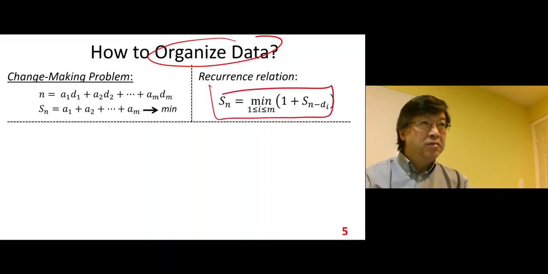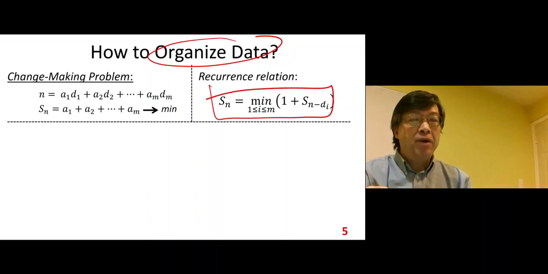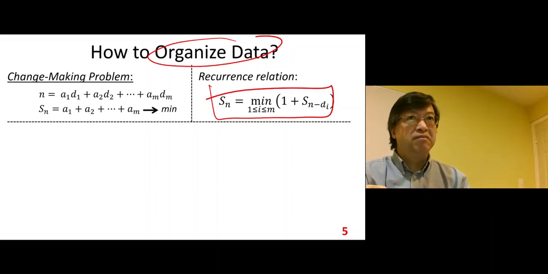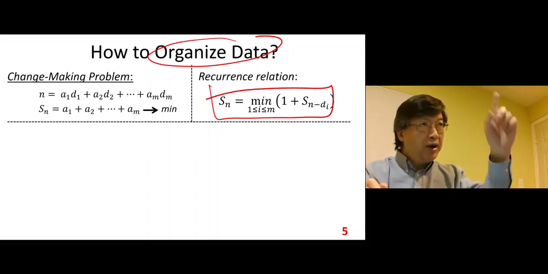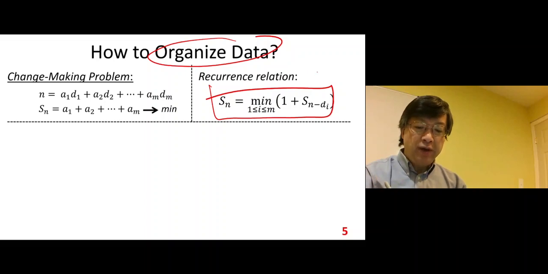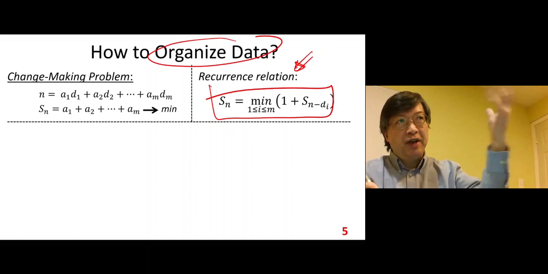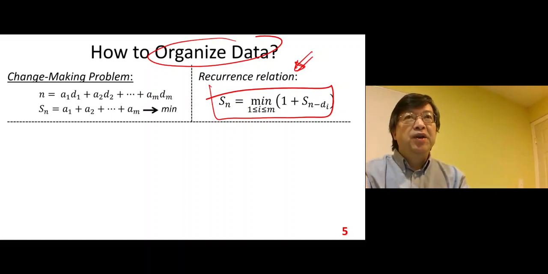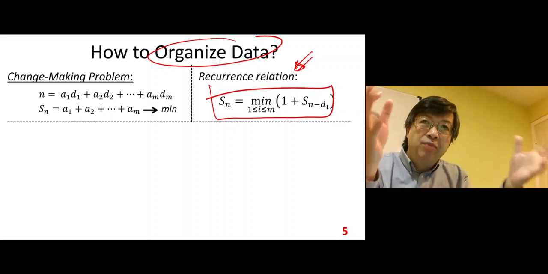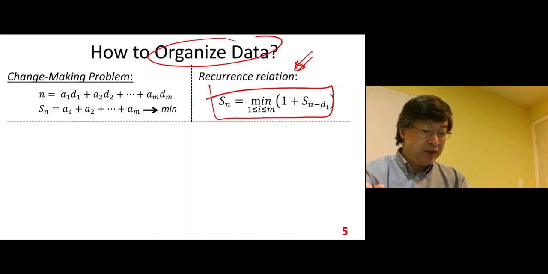We have the recurrence relation, then we need another component to help us organize the data. For dynamic programming, one important component is the recurrence relation, the first key component. The second component is some way to organize data: you need a data structure to help you organize the data.